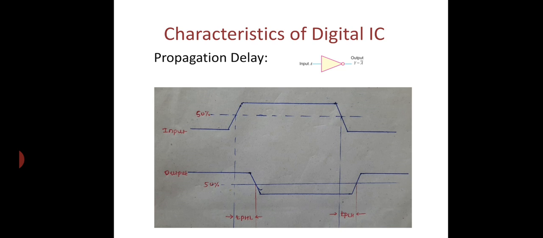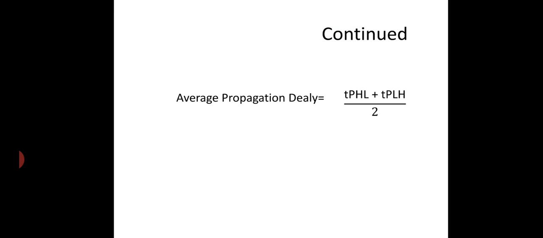So, to find the average propagation delay, we apply the formula (TPHL + TPLH) divided by 2, which is measured in nanoseconds, that is 10 raised to minus 9 of a second.